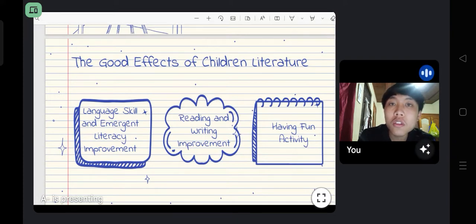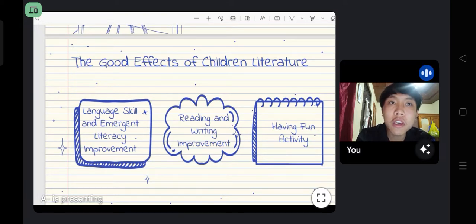And for writing also, they can learn how to write a story based on the examples provided in a literary work, following the grammatical structures or the words they obtain in the literary work. So of course it will improve reading skill and writing skill.